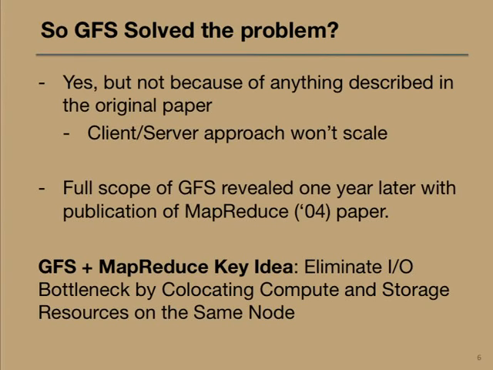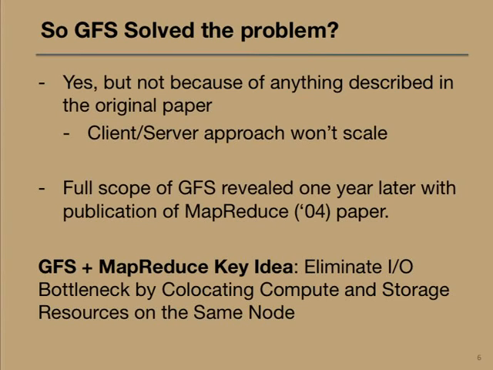Because fundamentally, it's still a client-server type of file system where the clients are all going to pull data across the network, and that network is then going to become the I/O bottleneck. And it wasn't until a year later, when they published the MapReduce paper, that the missing puzzle piece appeared. It was in the MapReduce paper where they said, no, actually, here's how GFS works.